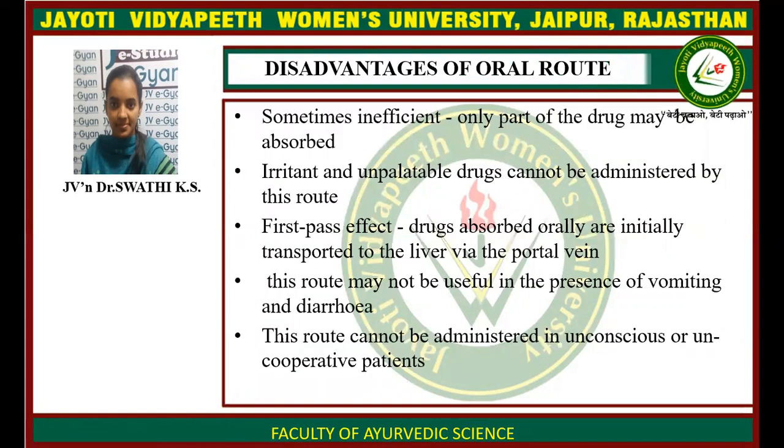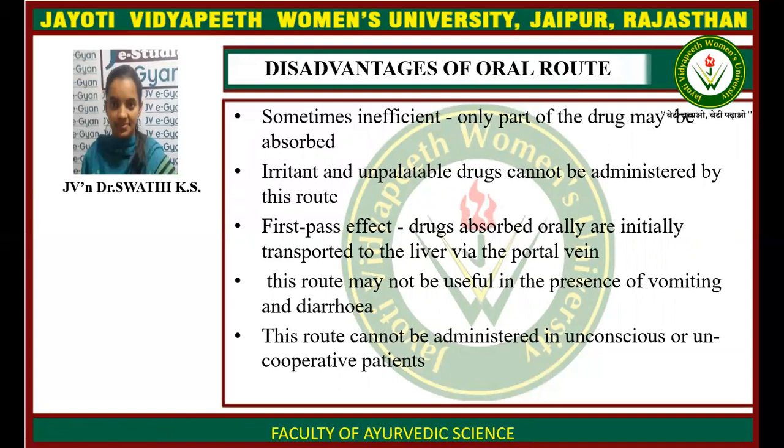The disadvantages of the oral route of administration are that it is inefficient. Only part of the drug may be absorbed, and irritant and unpalatable drugs cannot be administered by this route. First pass effect: drugs absorbed orally are initially transferred to the liver. First it goes to the liver via the portal vein.